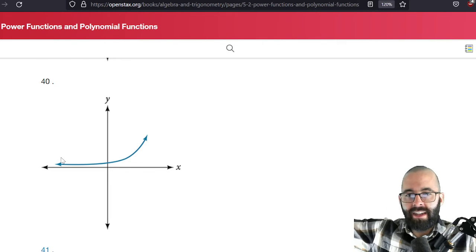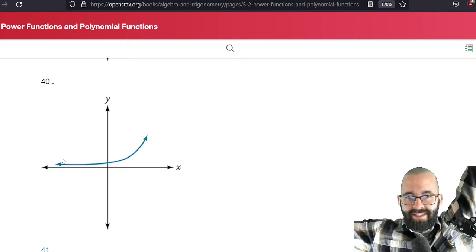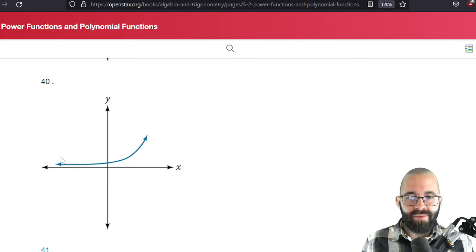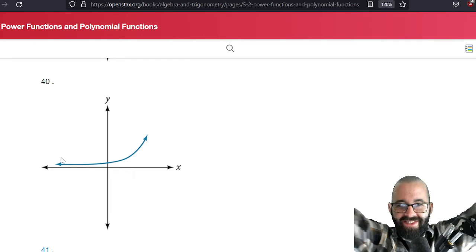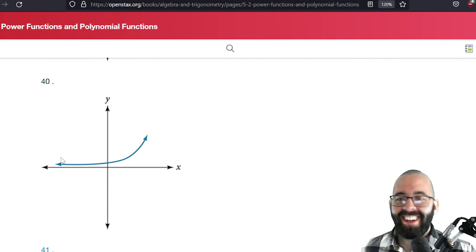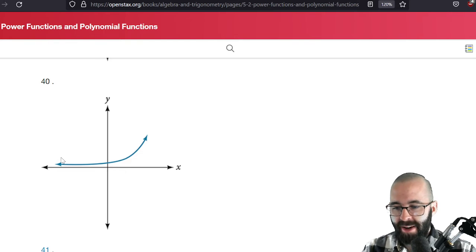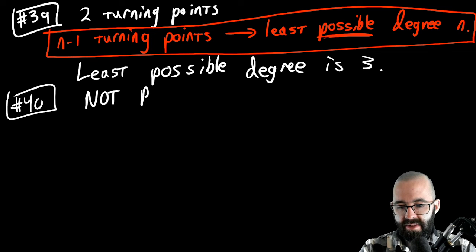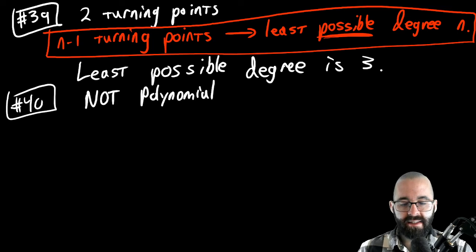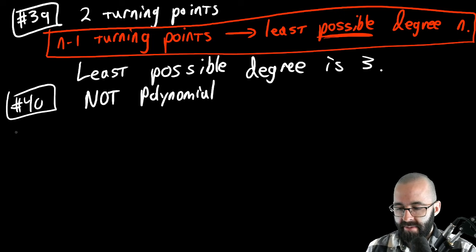This end behavior is like this. And I feel like I'm trying to impersonate a referee or something. Anyway, nope, not a polynomial. It's not a polynomial because there's an asymptote. That's the easiest thing to identify.